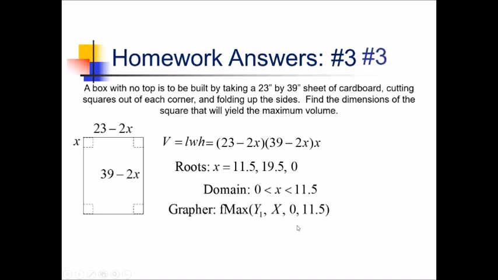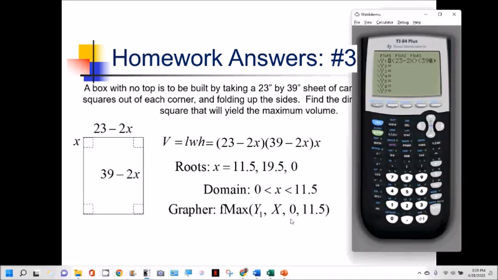Let's go ahead and do all that now. So on my calculator, I have gone to the y equals and entered this volume formula into my y1 so that I can use it as many times as I want. Next, let me quit out of there. And I'm actually going to use y1 like I've written on the screen here. I'm going to go to math and then 7 to get fmax.